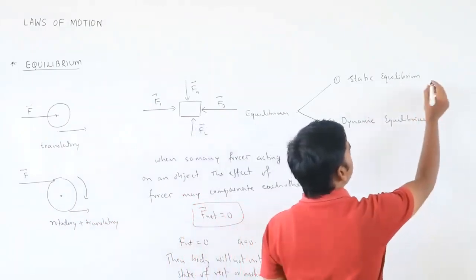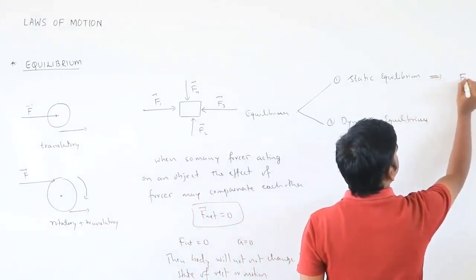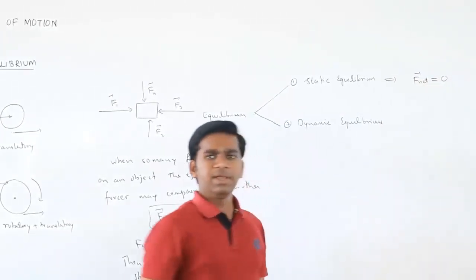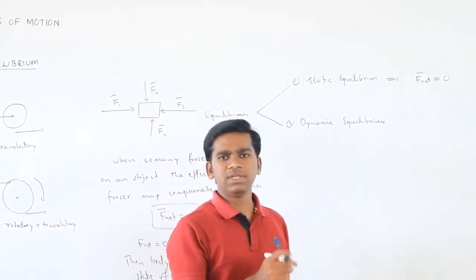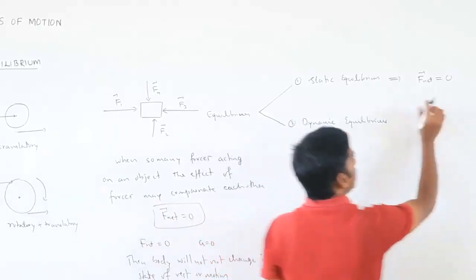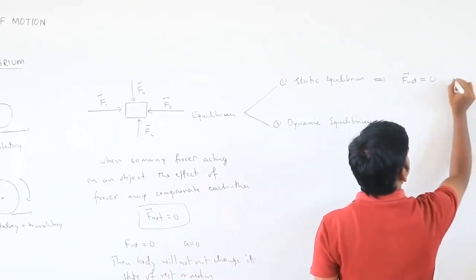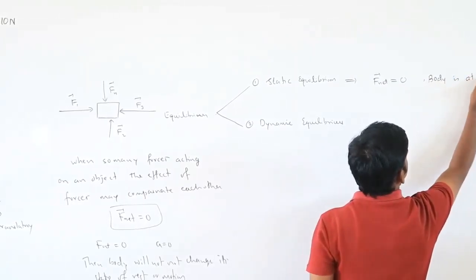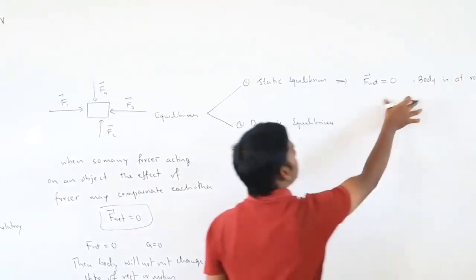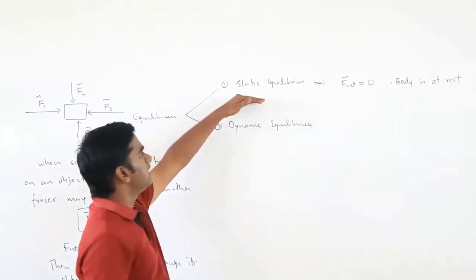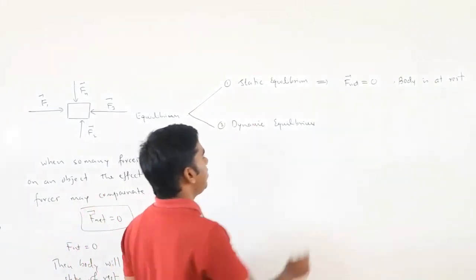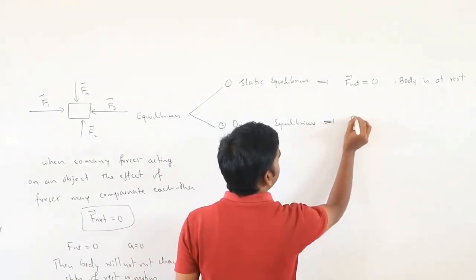Static equilibrium, what will happen? In this case, F net will become 0. The total resultant force is 0, but the body is at rest. This kind of situation we call static equilibrium. Then what about dynamic equilibrium?